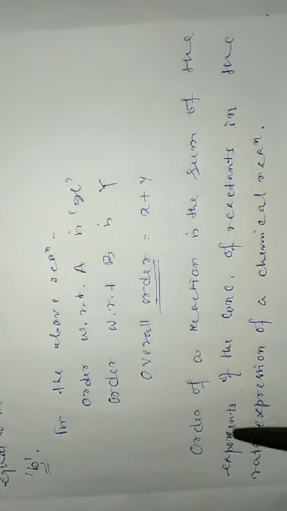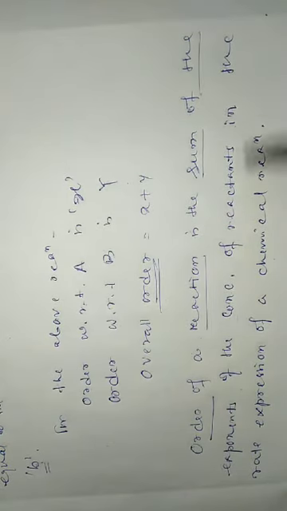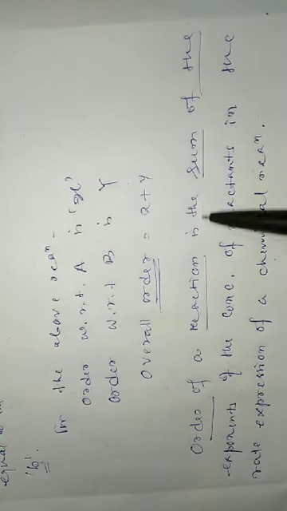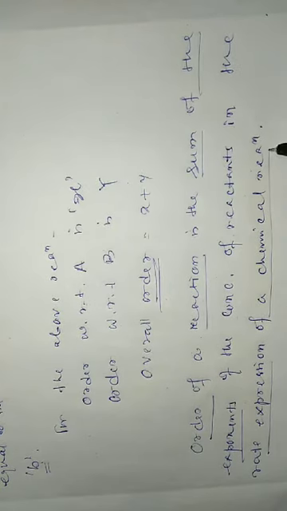So what is the order? Order of a reaction is the sum of the exponents of the concentration of reactants in the rate expression of a chemical reaction.